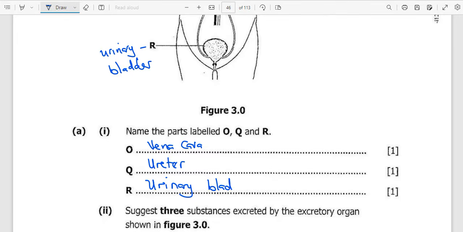So the bladder stores urine. The ureter is a passage through which urine passes from the kidney to the bladder.